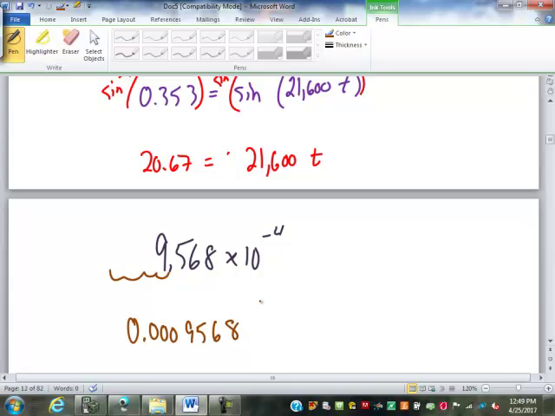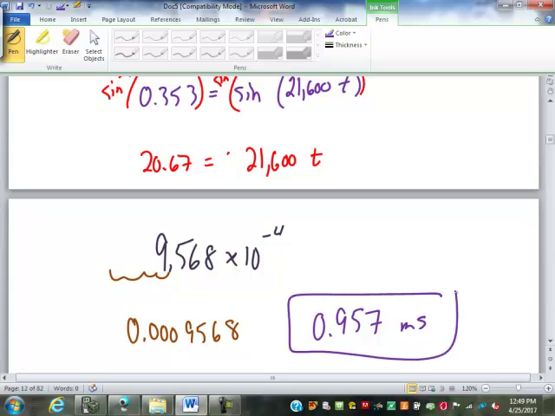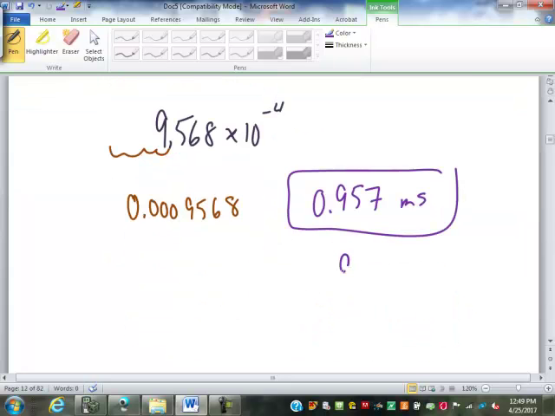So that's 0.0009568, which would be 0.957 milliseconds, or 957 microseconds. One of the two. So I think I've got the answer all around here.